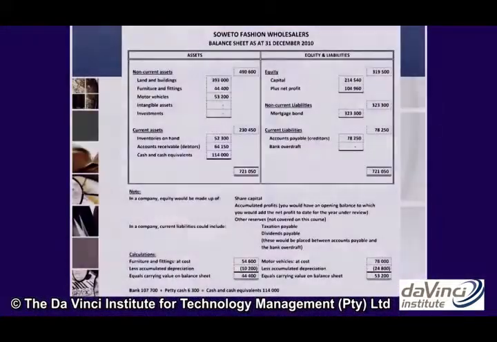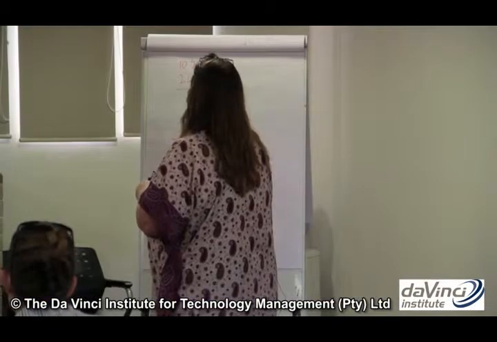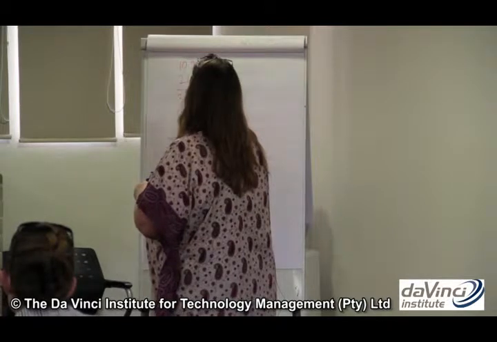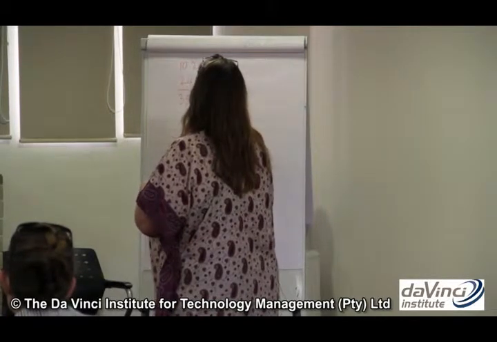Now, funnily enough, there was a bit of a mistake in this exercise. Did anyone notice it? Yeah. What was it? I keep on forgetting to change it. If you take that accumulated depreciation of 10,200 and you add 24,800, what do you get? 35,000.